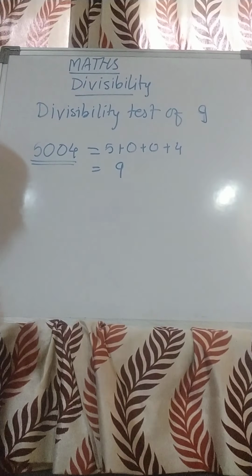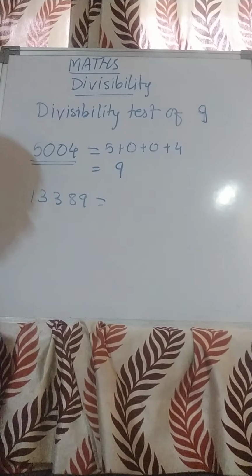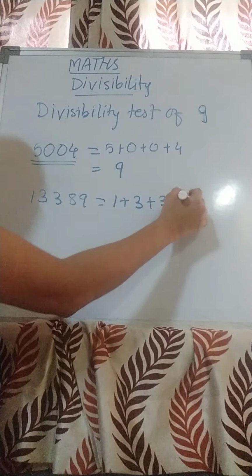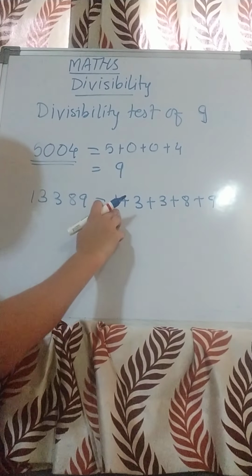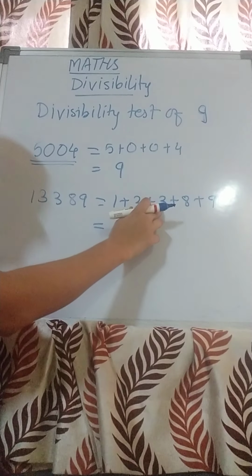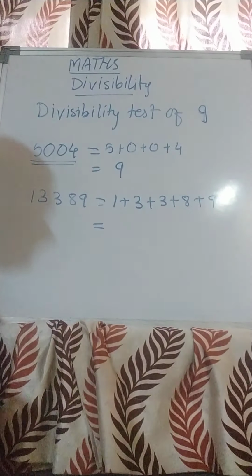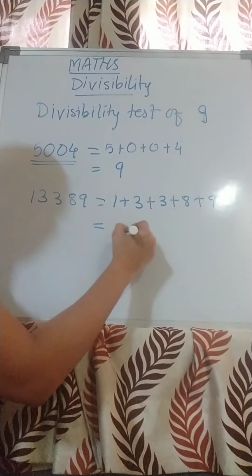Understand? Suppose 13389 is the number. 1 plus 3 plus 3 plus 8 plus 9. Now see, 3 plus 1, 4. 4 plus 3, 7. 7 plus 8, 15. 15 plus 9 is 24.